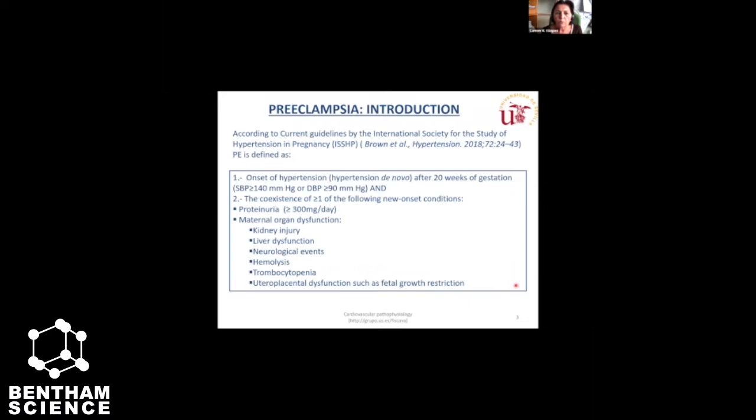So the systolic blood pressure is bigger than 140 millimeters of mercury, and diastolic blood pressure is bigger than 90 millimeters of mercury, and the coexistence of one or more of the following new onset conditions: proteinuria and maternal organ dysfunction, such as kidney injury, liver dysfunction, neurological events, hemolysis, thrombocytopenia, or uteroplacental dysfunction like fetal growth restriction.